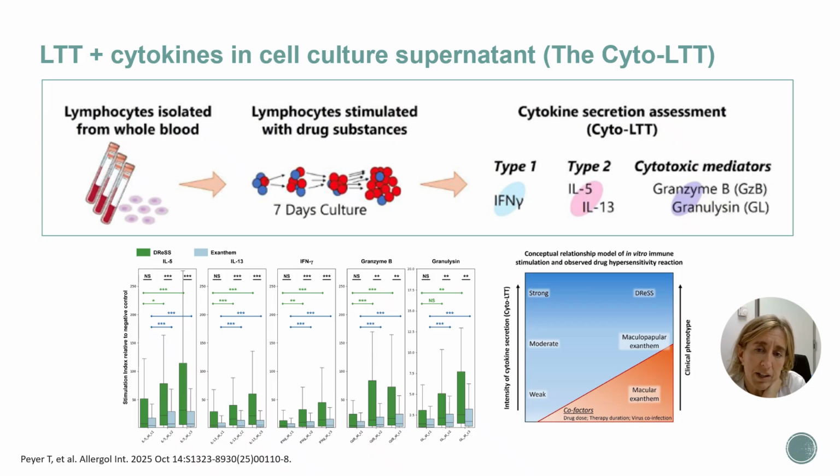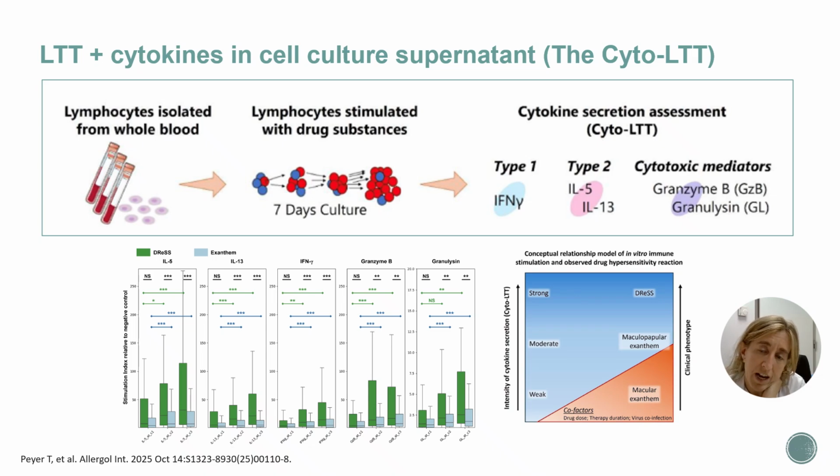And it's very interesting that it has also been possible to report a grading system defined by strong responses as cytokine stimulation indices. For the first time, we see that cytokine responses increase dose-dependently, and with more severe reactions like DRESS, the intensity is even higher.